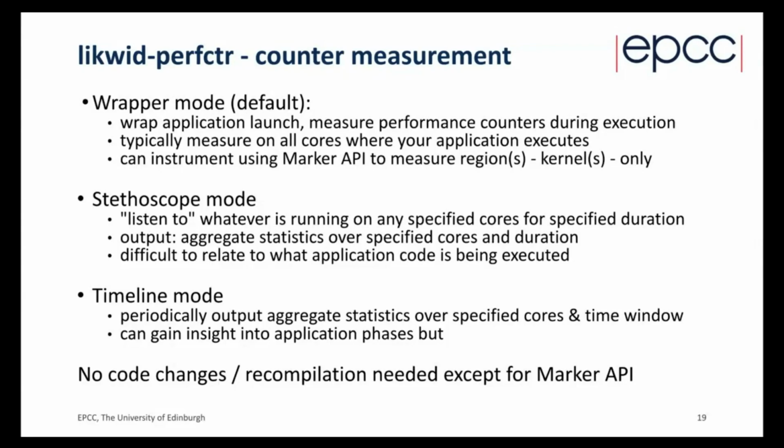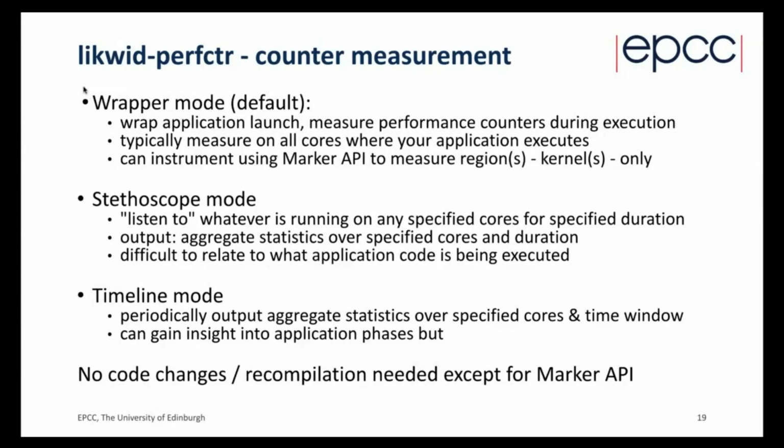It's aggregated over some duration time window, and then you get snapshots every time window. That's nice, because you can gain insight into your application phases. But as it doesn't say here, like the stethoscope mode, it can still be difficult to relate what application code is actually being executed. I mean, it can be nice to get some impression. At least you get some timeline, which is nice, not just an aggregate over the entire duration.